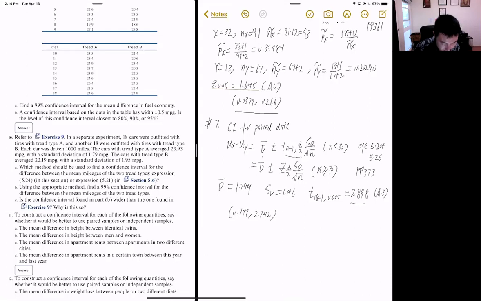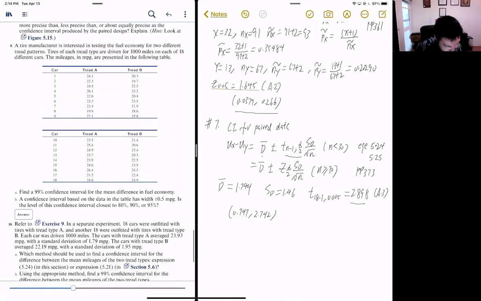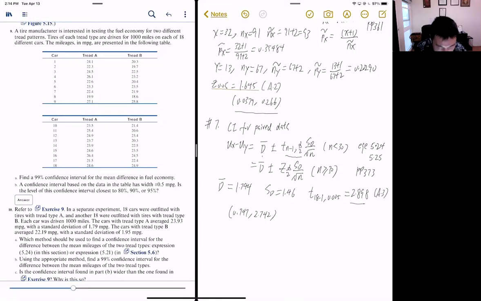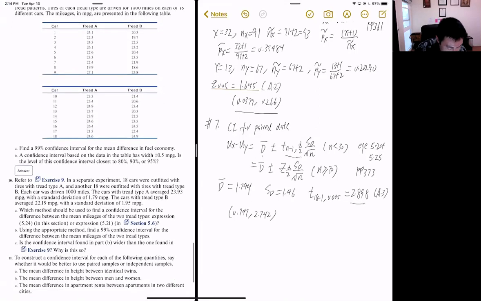Question number 10 refers to exercise 9, the previous question. In a separate experiment, 18 cars were outfitted with tires with tread type A, and another 18 cars were outfitted with tires with tread type B. Each car was driven 1,000 miles.